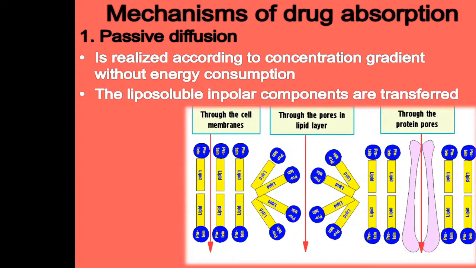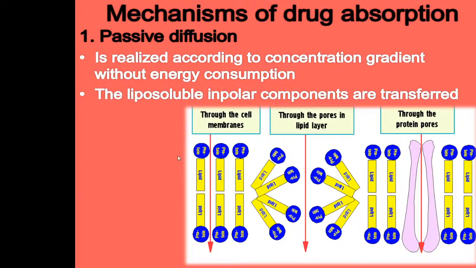Comparison of the total area of membranes with the total area of pores shows us that the area of membranes is much larger, of course. That's why transportation through membranes is basic. So drug molecules are better absorbed if they are absorbed through the membrane.